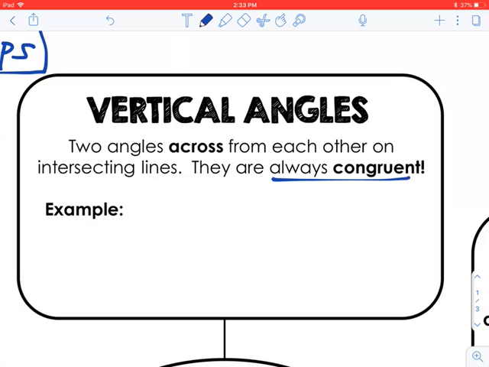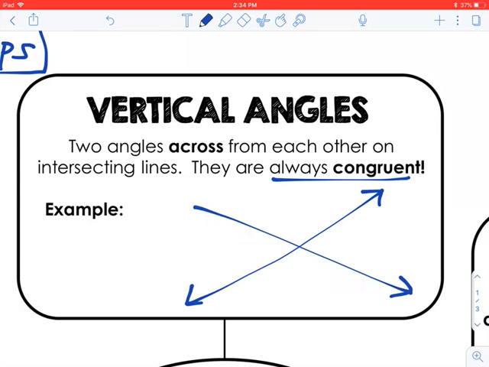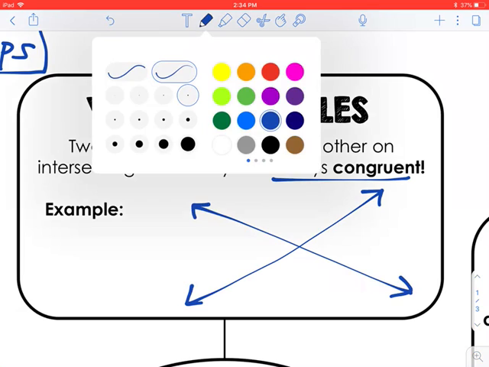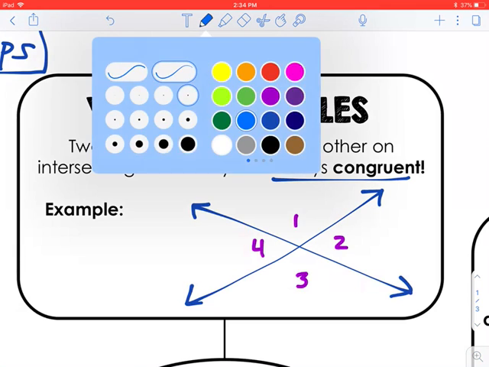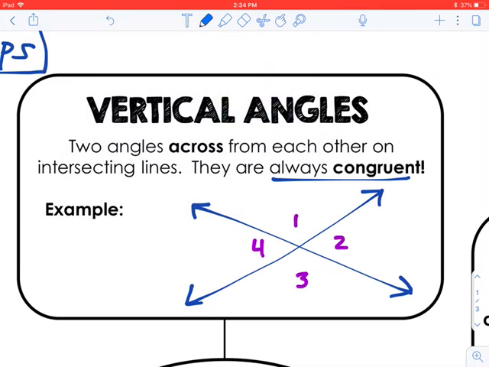So an example of this would be something like this picture. If I have a line here and I have a line here, and we'll just name these angles 1, 2, 3, and 4. So the congruent angles, or the vertical angles, are the ones across from each other that, when you put them together, make an X. And they have to be making that X when you put them together, okay?